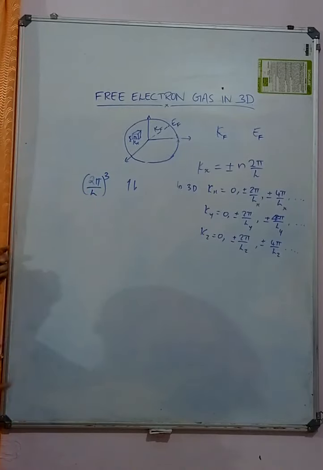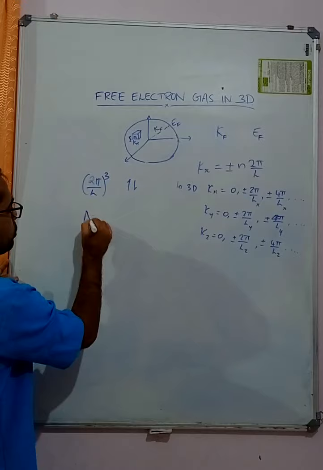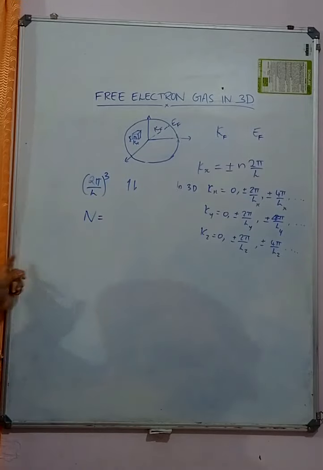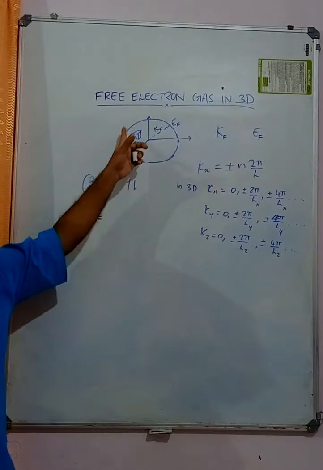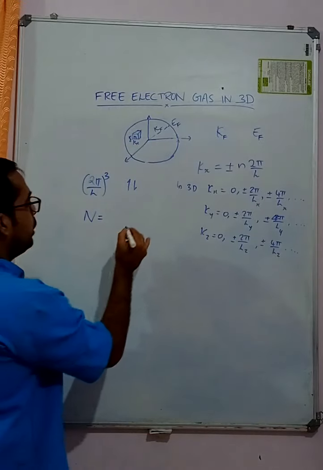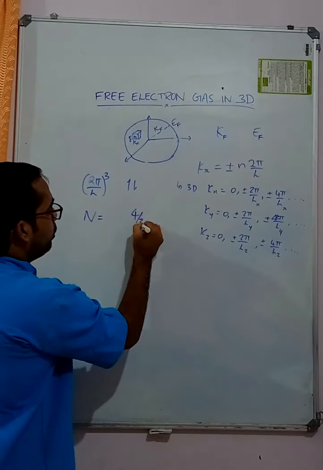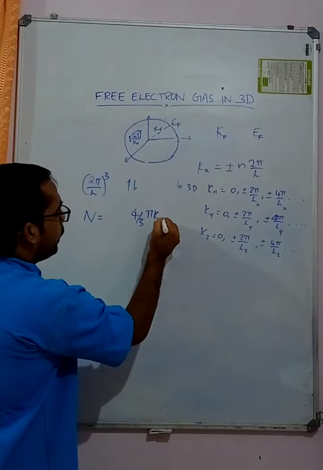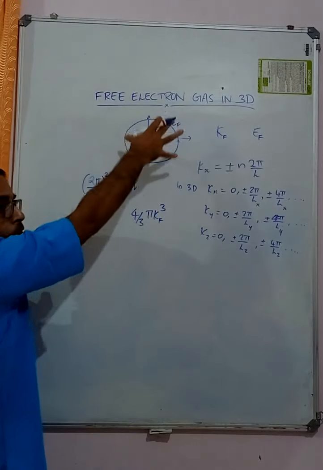If you want to know the total number of electrons n, we have to consider the volume of the sphere, that is 4 by 3 pi kf cube, the volume of the whole sphere.